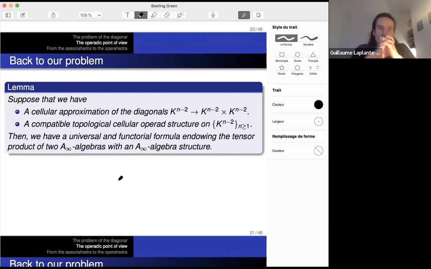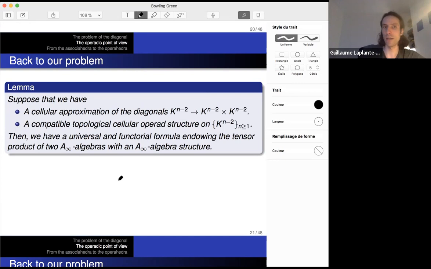And now let's go back to our problem, the initial problem of the approximation of the diagonal of polytopes. Suppose here that we have a cellular approximation of the diagonals of the whole family of associahedra. And suppose furthermore that we have a compatible topological operad structure on them.